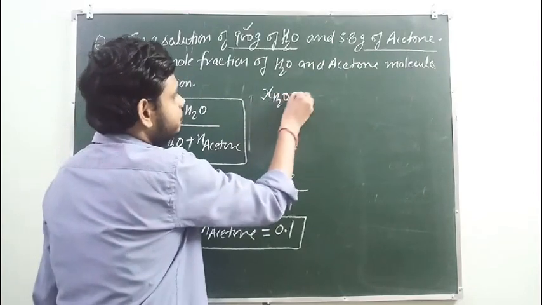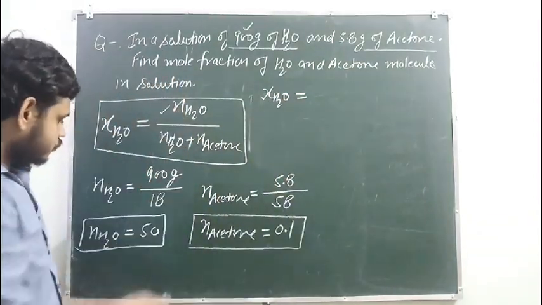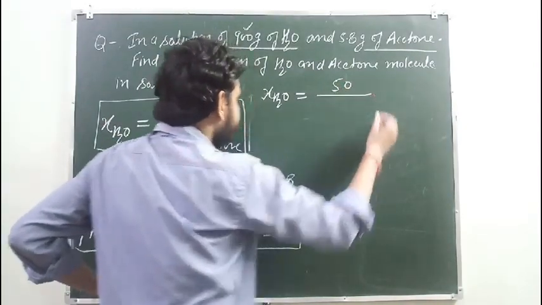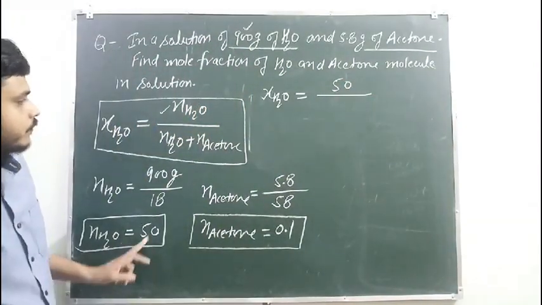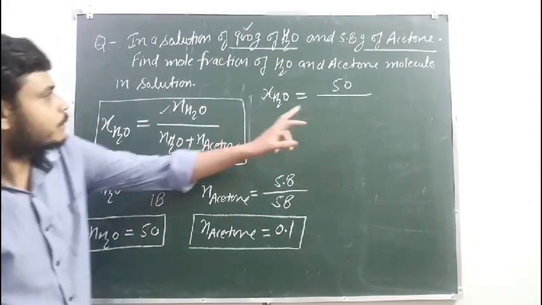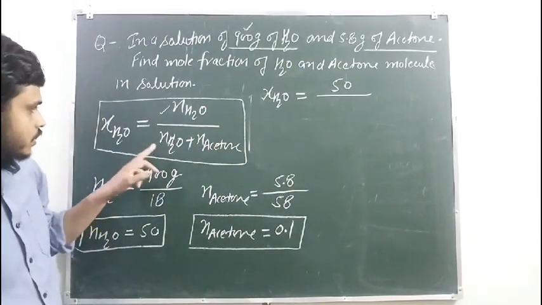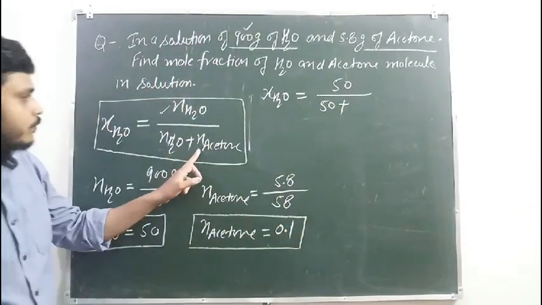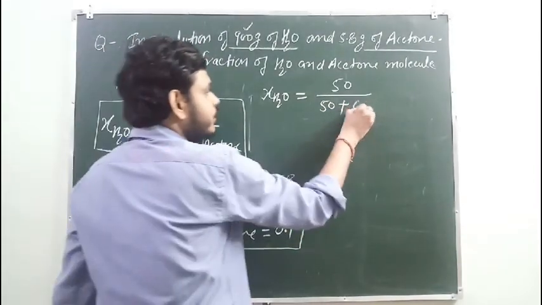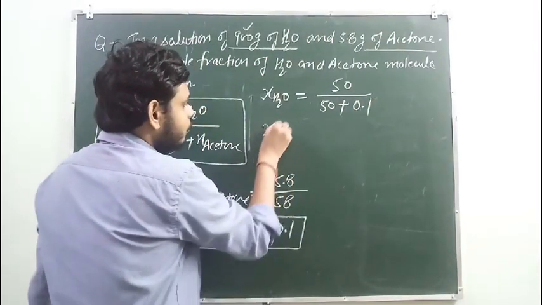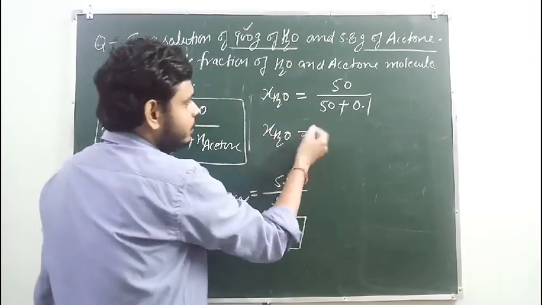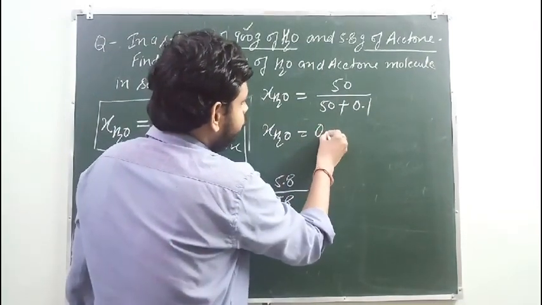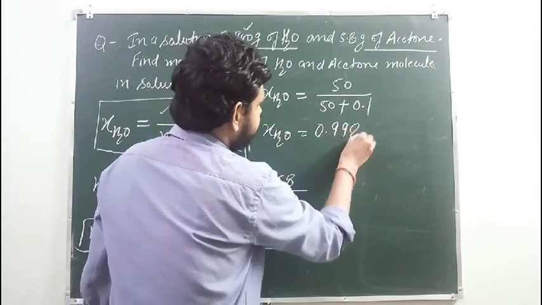Mole fraction of H2O is equal to number of mole of H2O, 50, divided by total number of mole present in the solution, that is number of mole of H2O, 50, plus number of mole of acetone, that is 0.1, and the mole fraction of H2O will be 0.998.